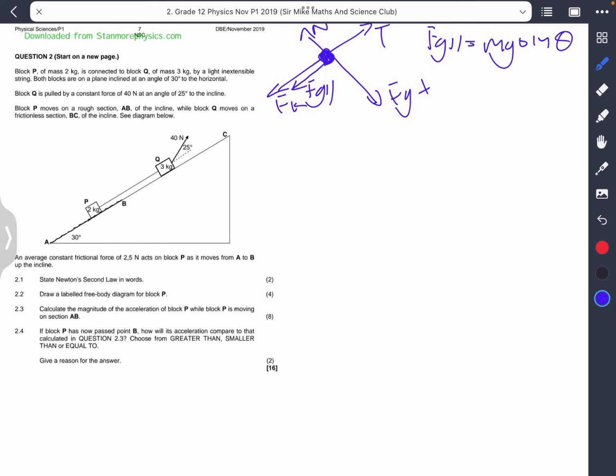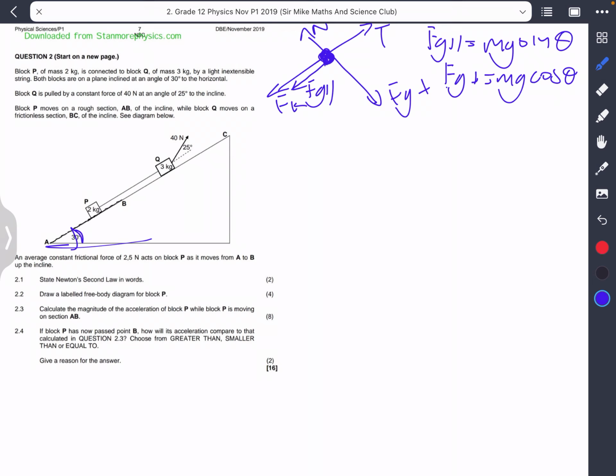This theta is the angle between our inclined surface and the horizontal surface there, so in this case it would be that 30 degrees. For Fg perpendicular, it would be mg sine. Actually, it would be cos in this case, so it would be mg cos of angle theta. That's how you would calculate your Fg parallel and your Fg perpendicular.